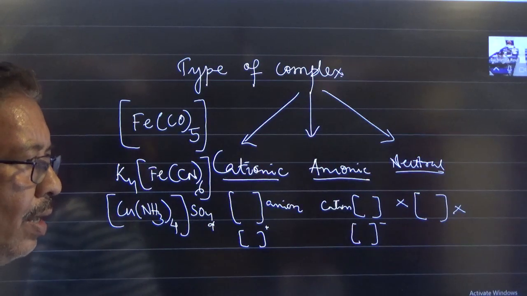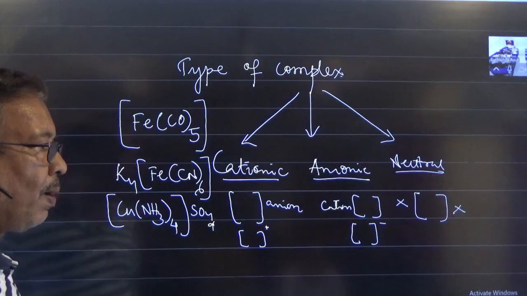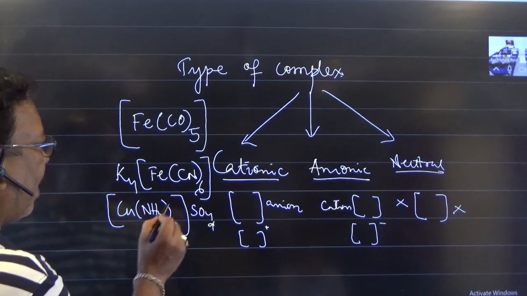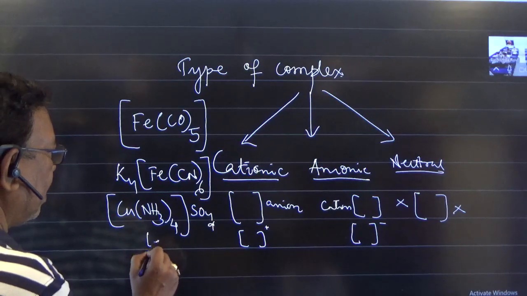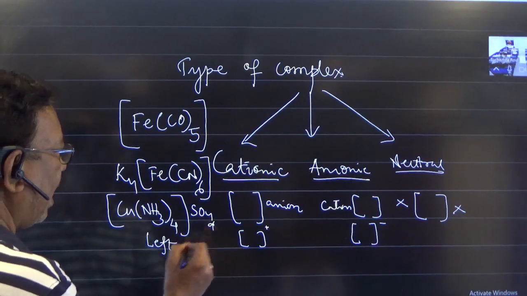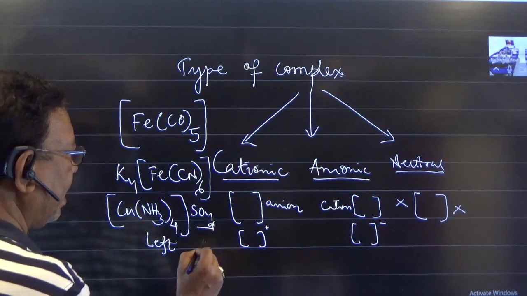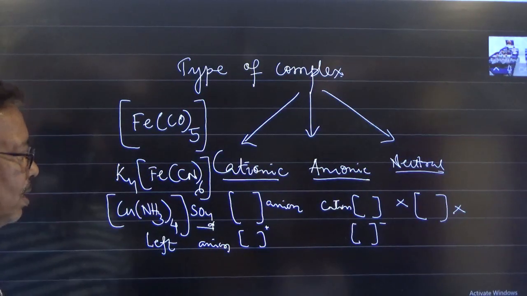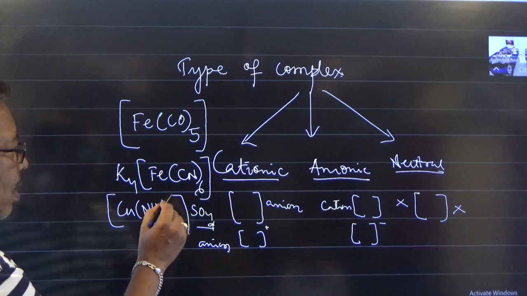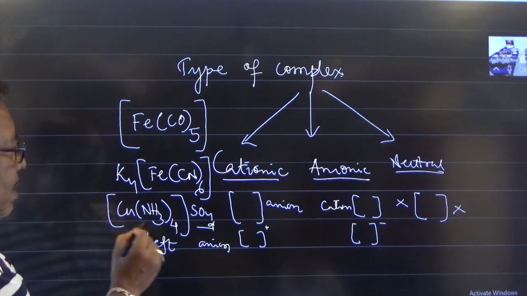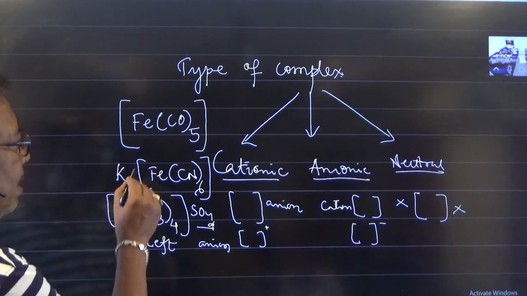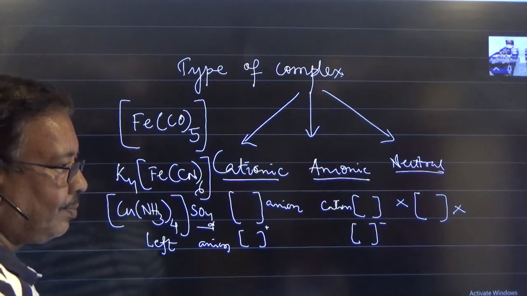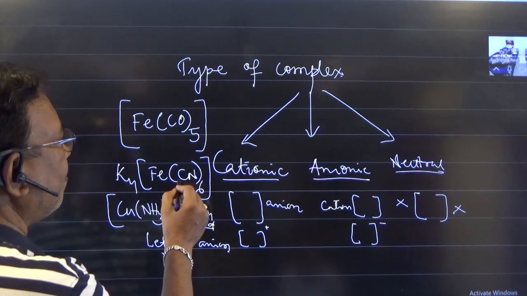Okay, a more simplified way is this. Whenever the complex part is on the left and the anion on the right, this is your cationic complex, so the cation is always kept on the left. If the complex part is on the right, this is your anionic complex.